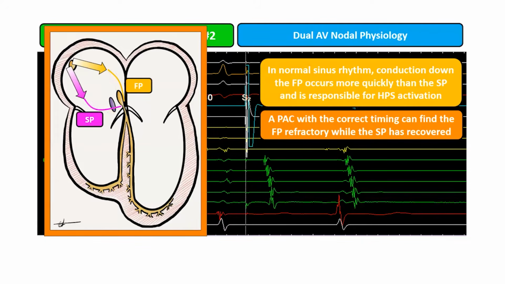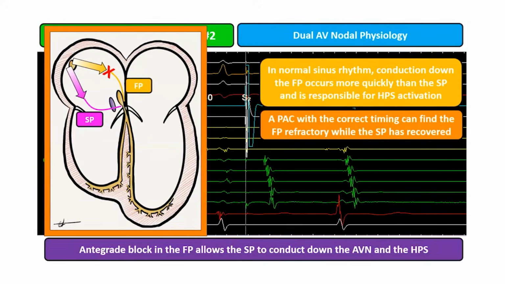Here's our PAC. And if our PAC finds the fast pathway not yet recovered, if it conducts down the slow pathway, it may be able to propagate both down the HIS Purkinje system and back up retrograde up the fast pathway.